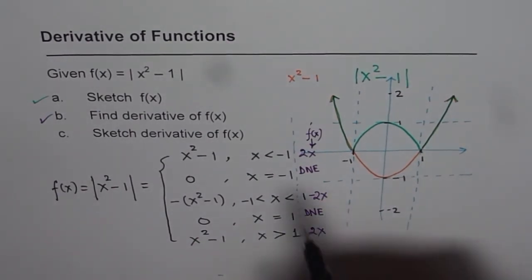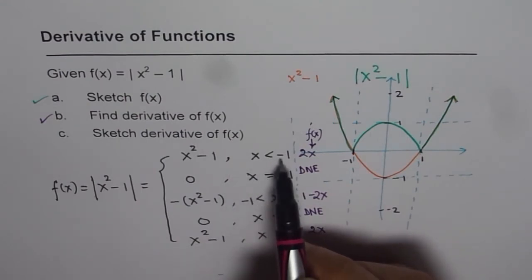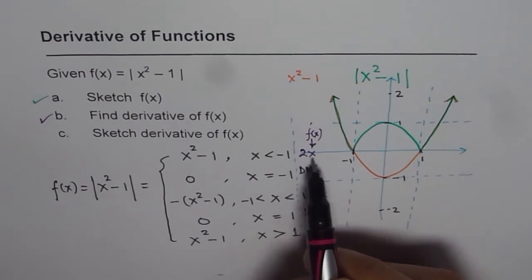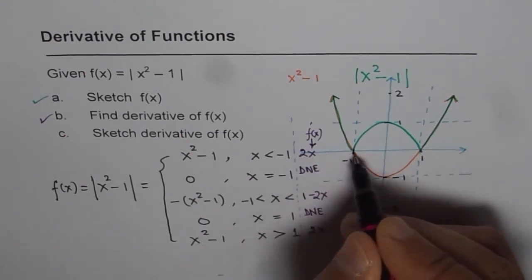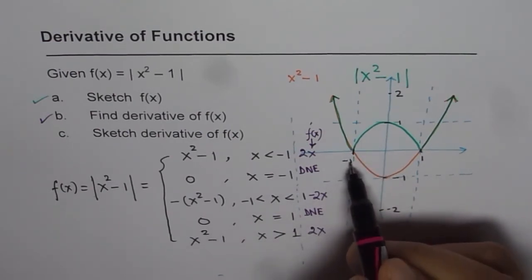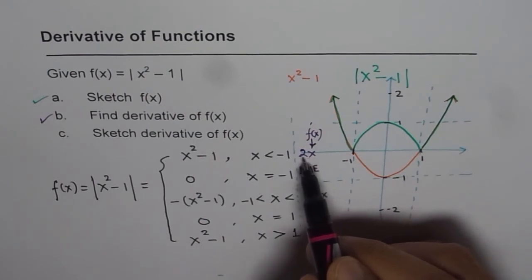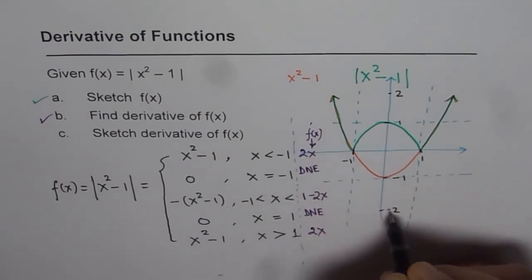Start with the leftmost portion, which is between minus infinity and minus 1. We have a line with a slope of positive 2, 2x, right? So what is the value at minus 1? If I put x as minus 1, what do I get? Minus 2. So I should have a hole at minus 2, which is here, right?